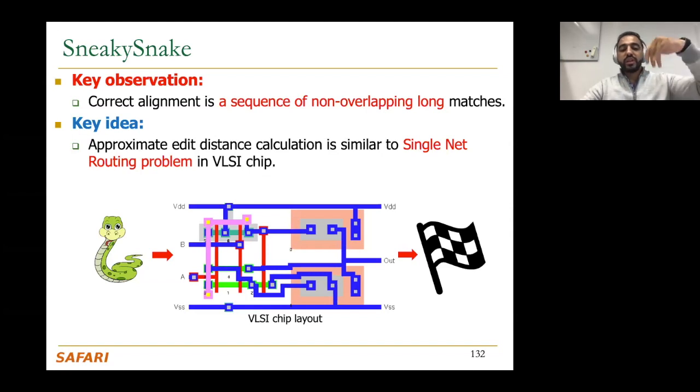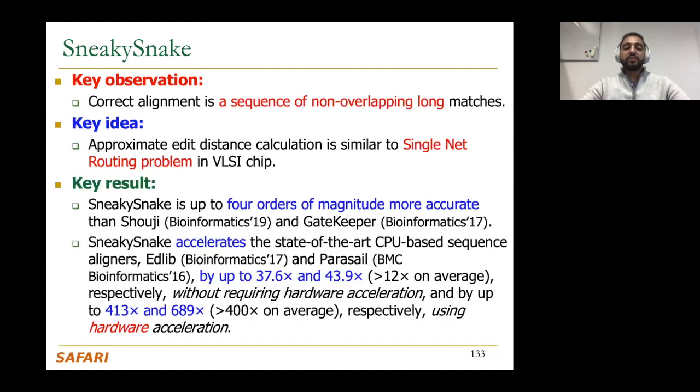You'd like to always detour whenever you find a module or a component in the chip, avoid it and find another route for this signal to pass from one side to another. Now, how is this related to string matching? Let's see the results, and then I will give you an example for that.